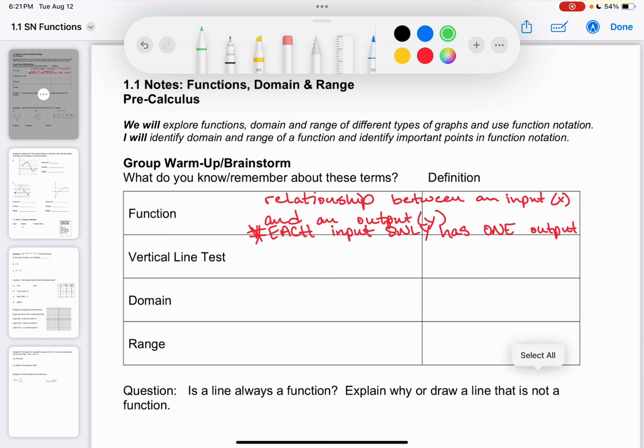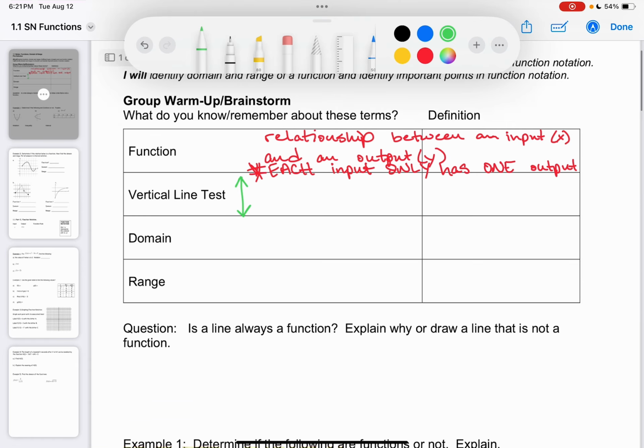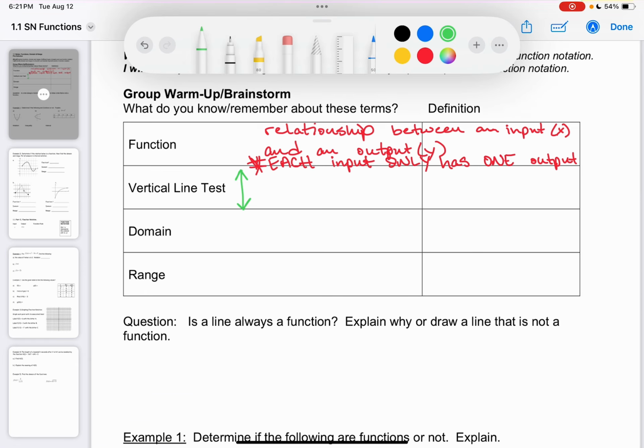Next, the vertical line test. This is a vertical line, and we can use it to test if a graph actually represents a function.